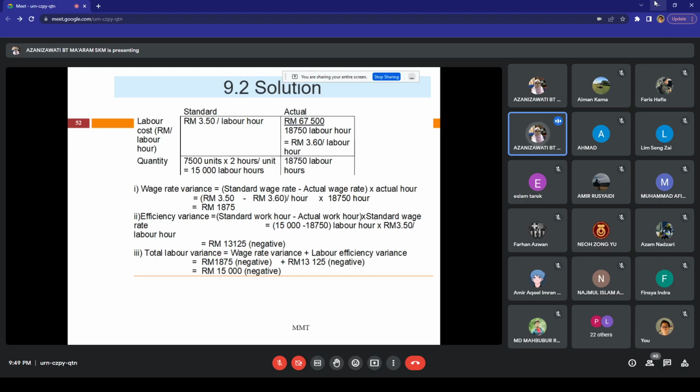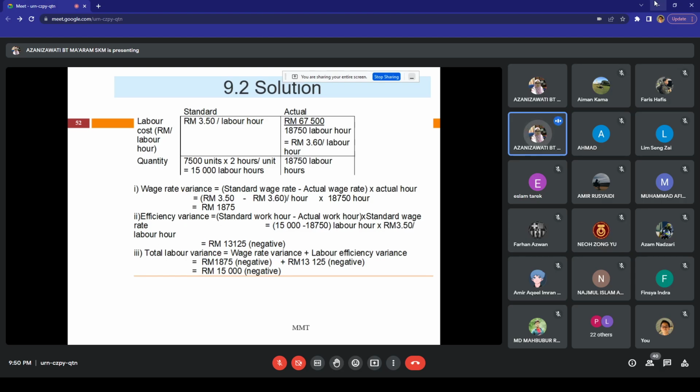Compared to the 18,750 labor hours in actual. So wage rate variance, standard is minus 0.1 multiply with 18,750 hours. So you get 1,875 negative. Okay.